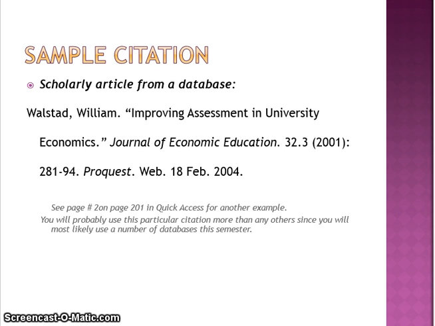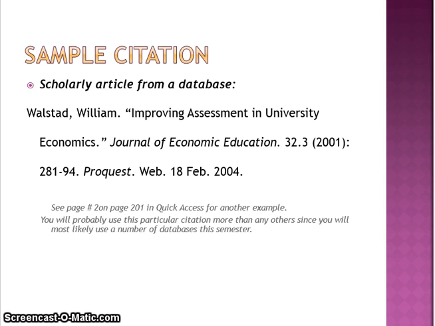The Journal of Economic Education is the publication, and publications are going to be italicized. Publications are things like journals or magazines or newspaper. So wherever your article came from, whatever journal or magazine or newspaper, that's what you would put there, and that is always italicized. 32.3 is the volume and the issue. Okay, if you want to write volume and issue because it helps you stay organized, you're welcome to.